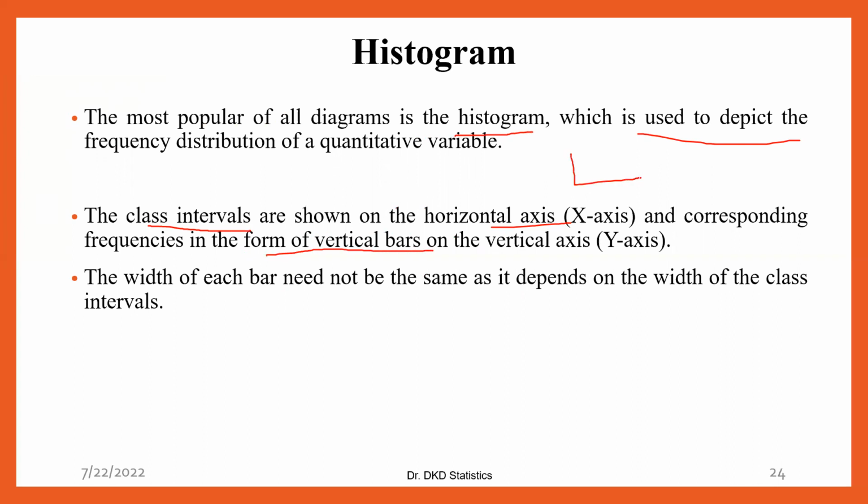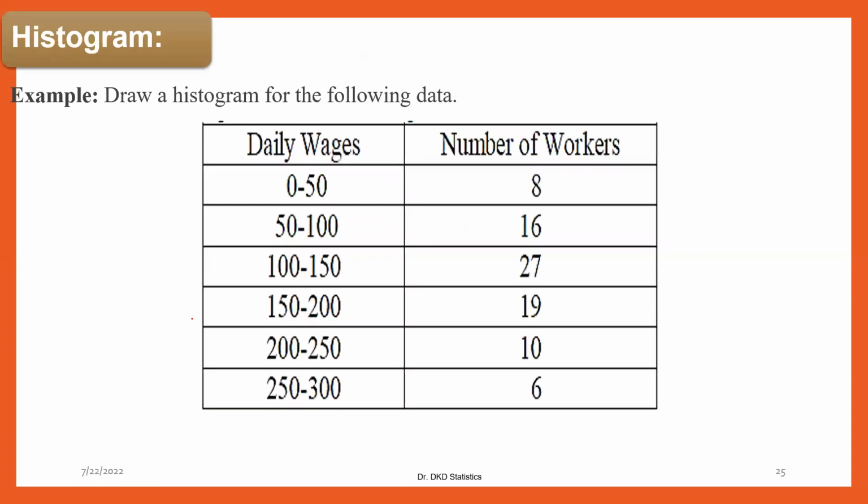We need to understand that the horizontal line is known as the x-axis, the vertical line is known as the y-axis, and this is the origin point. The width of each bar need not be the same, as it depends on the width of the class intervals.